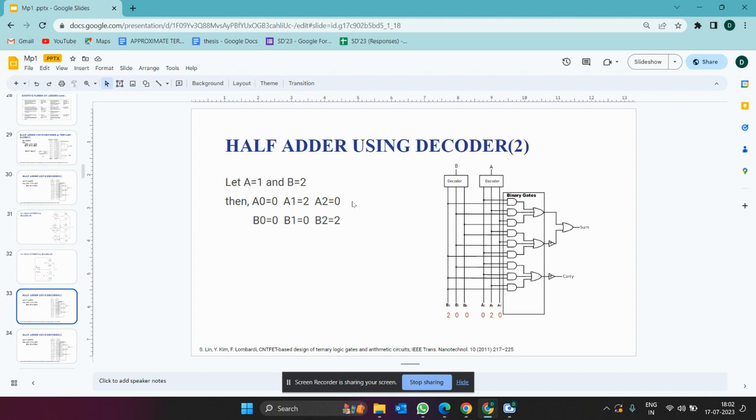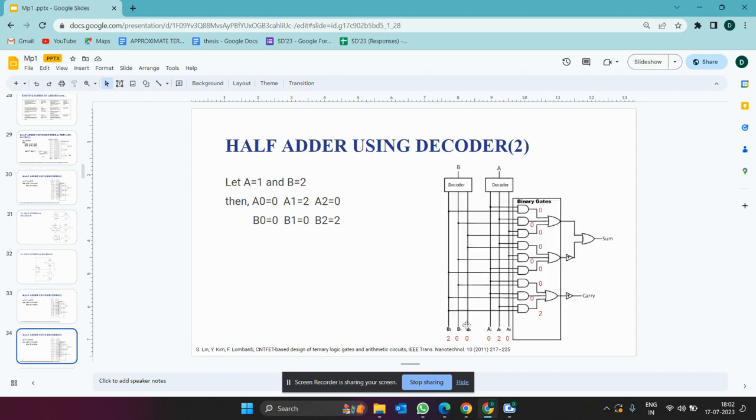Now we will take an example, that is we will take A as 0 2 0 and B as 2 2 0 0. Here after the calculation, after using the logic gates, we get here 0 0 0, and here also 0 0 0 and 0 0 2.